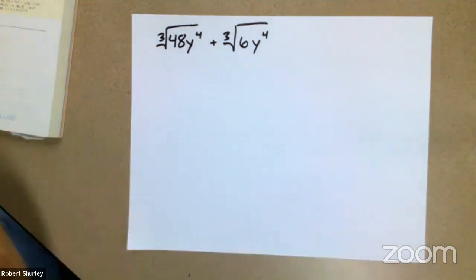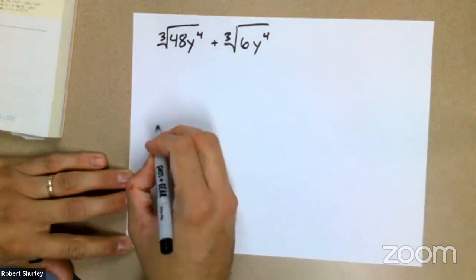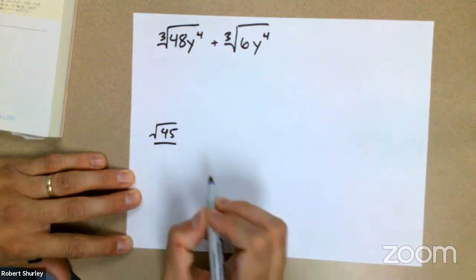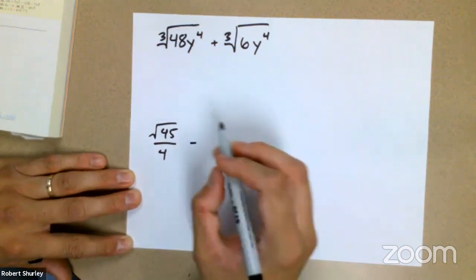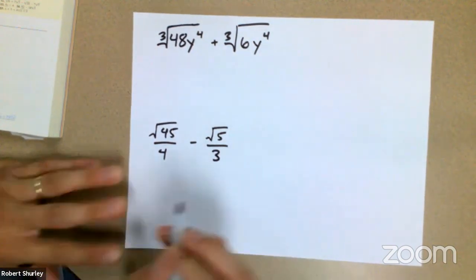I'm going to add one underneath it too. A little challenging one. Let's see here. You're not going to like this one. The square root of 45 over 4 minus the square root of 5 over 3.